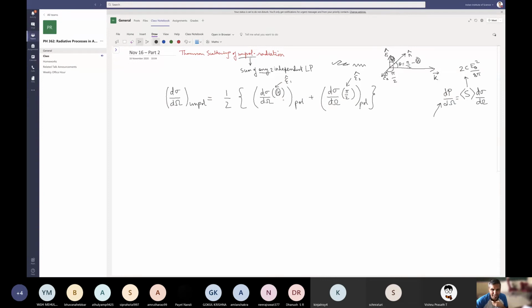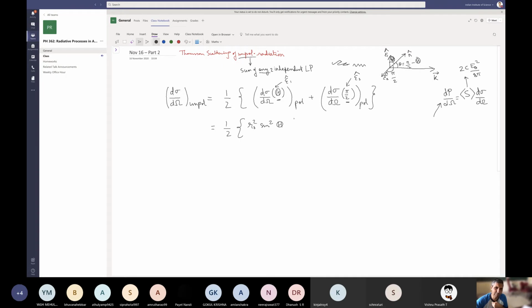I'm using the polarized expressions for differential cross section for polarized light, but I'm plugging in capital theta here and π/2 here. And the reason for π/2 is that this is at π/2 relative to n hat. So what is this? This is equal to half dσ/dΩ. Let me just write down r0 squared sin squared capital theta.